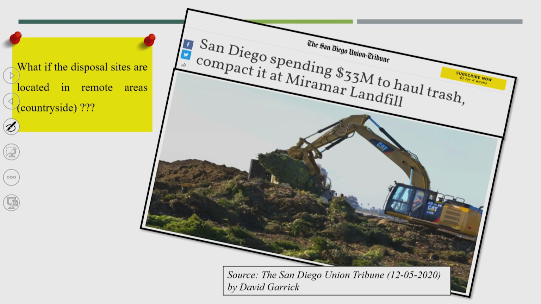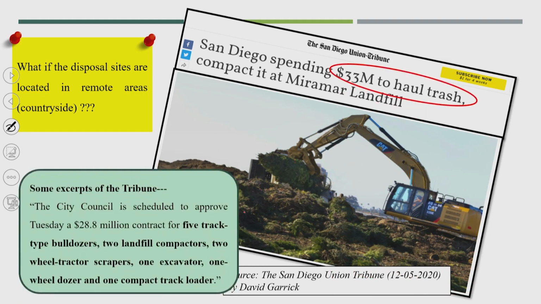One of the cities, San Diego, is spending around 33 million only for the collection of waste, because the disposal site is far away. One of the reports also says that $28.8 million is for different collection vehicles they are spending.